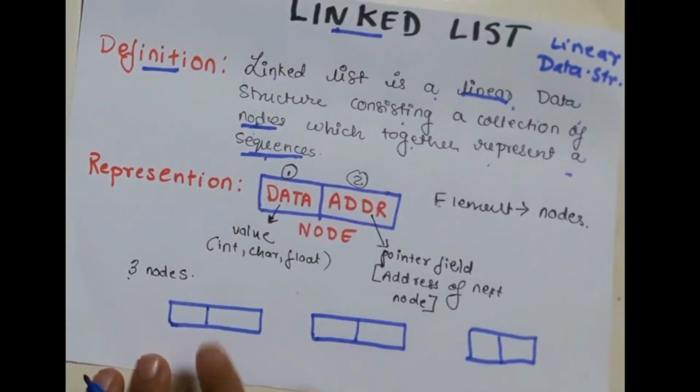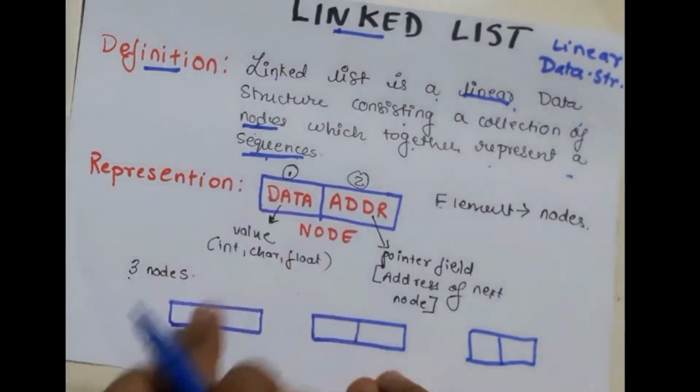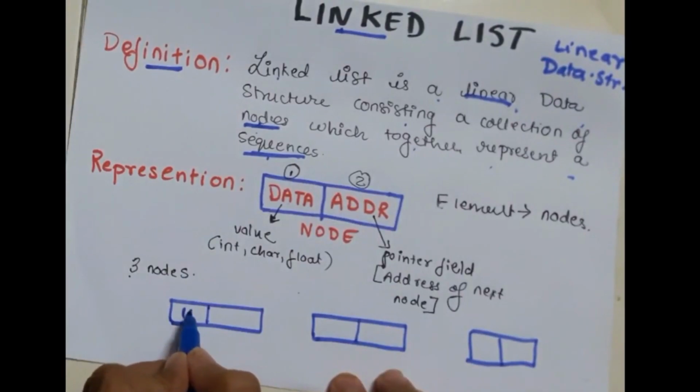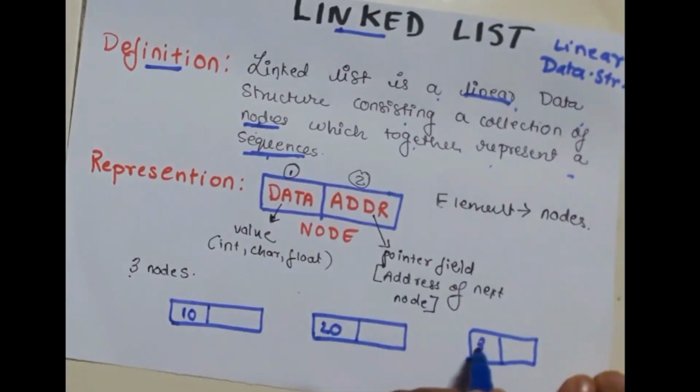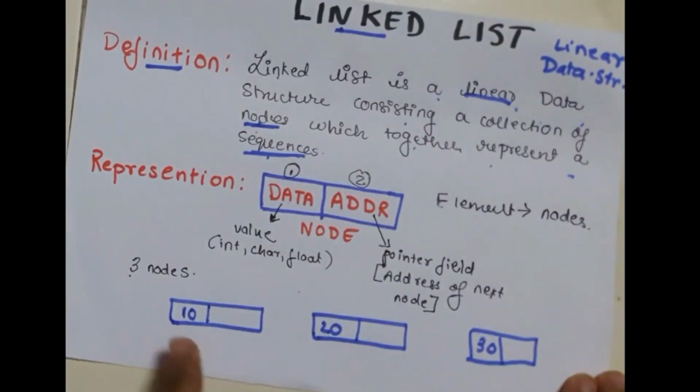Now we will insert data in these three nodes. So we will first fill up the data field with values 10, 20 and 30. And the next field is the address field. So for filling this field, we have to first allocate an address to each of the nodes. So we will write here address.